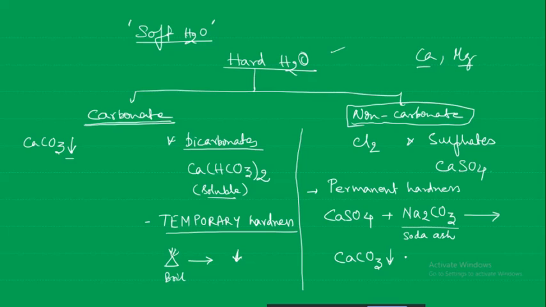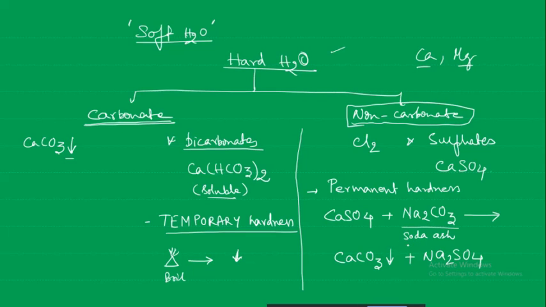Precipitate. It will come outside and you will get the sodium sulfate. So this is what kind of reaction? Double displacement, is it? They are exchanging. Calcium carbonate, sodium sulfate, double displacement.